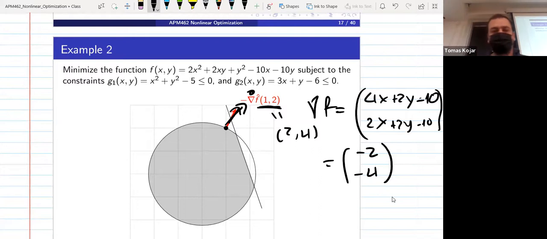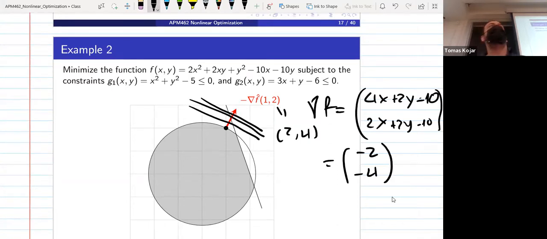And then how do you find the local min? You draw these lines normal to the constraint, and the first time it hits it, you get the local min.